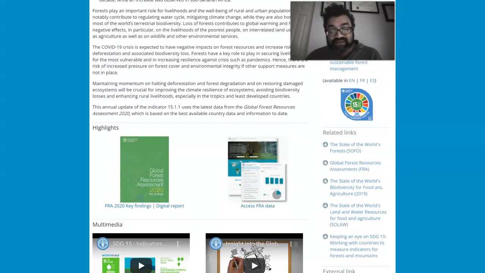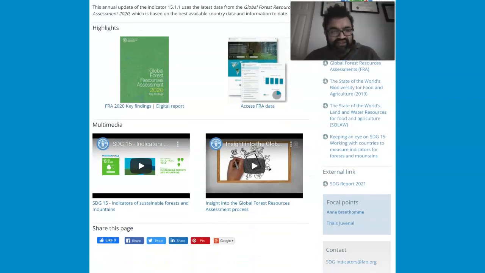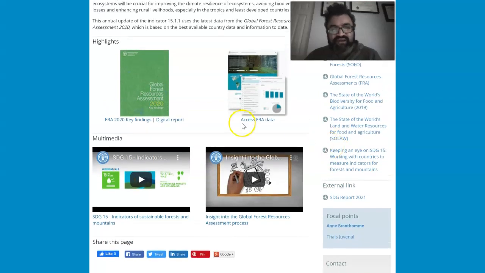Remember at the beginning, I said that there were quite a few indicators for 15. So there are all of these action items and related links that you can actually partake in, and then access the status.